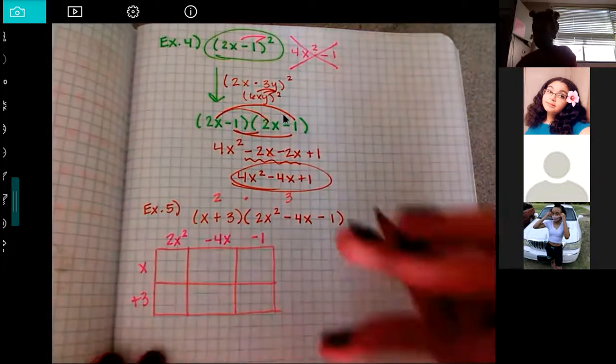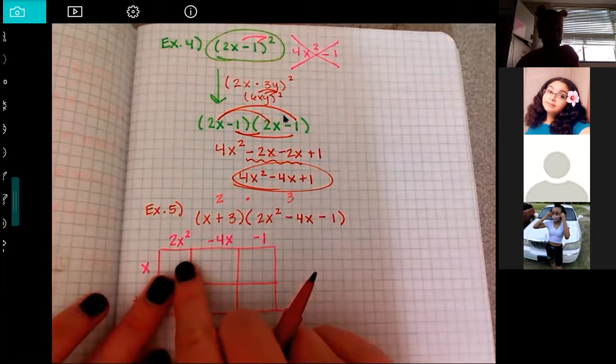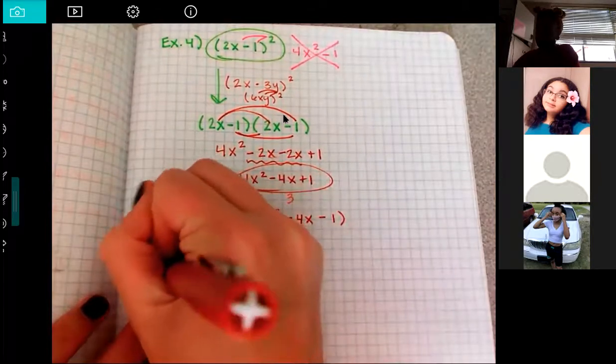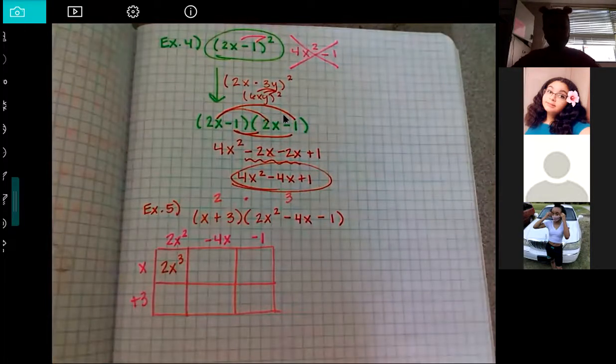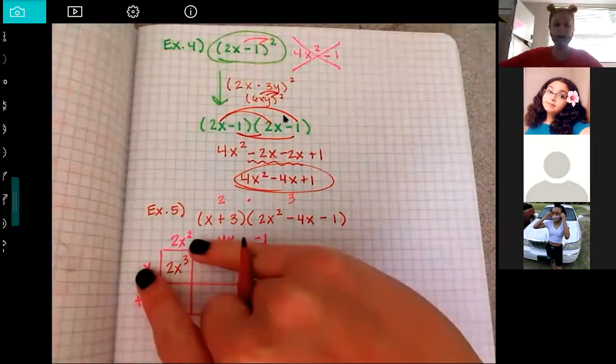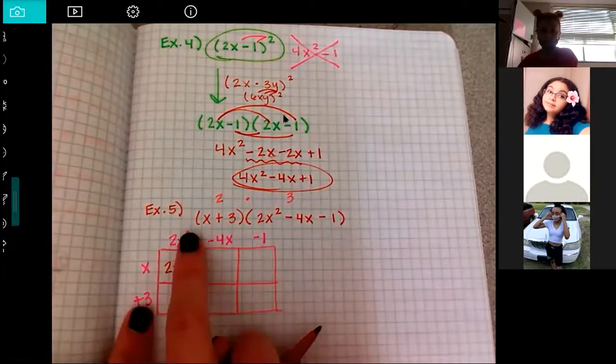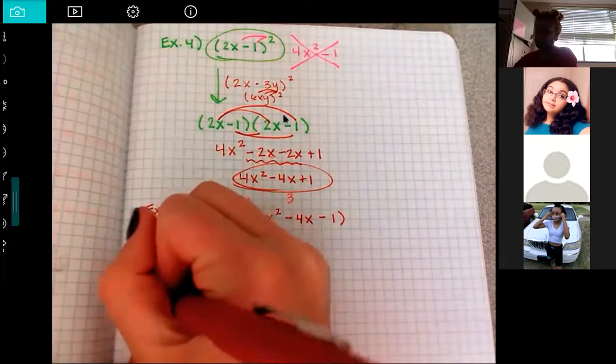Cam, you good, babe? All right, what goes in our first box? What happens when we multiply these two right here? 2x cubed. Good. 2x cubed or 2x to the third because there are now 3 x's. What goes down here? 6x squared.